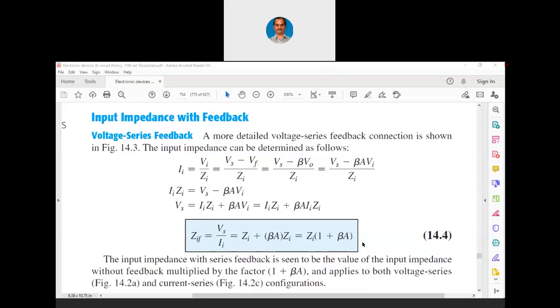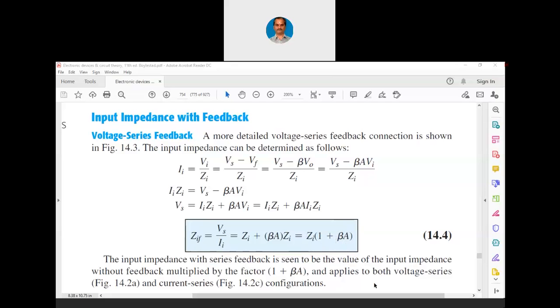When we ignore this 1, what happens to the input impedance with feedback? It is going to be the open loop input impedance multiplied by a factor called A beta. Zi is the open loop input impedance.